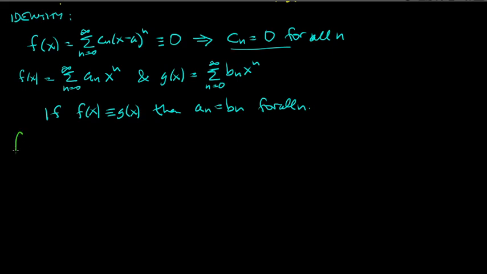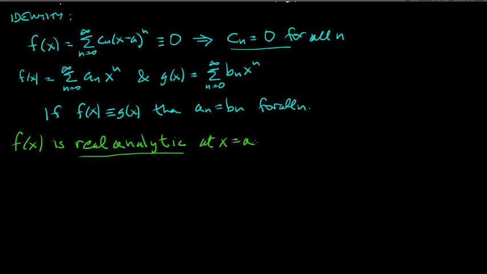So f of x, this function, is called real analytic at a point, let's say x equals a, if the power series, I'll write it down again, the sum n goes from 0 to infinity of Cn times (x minus a) to the n, exists and converges to the original function f of x.